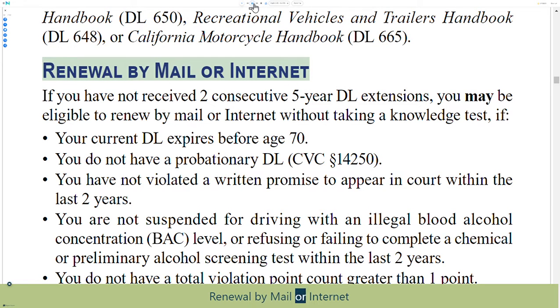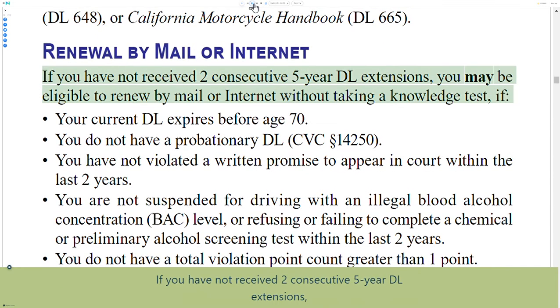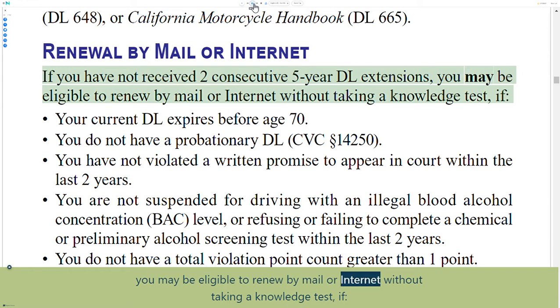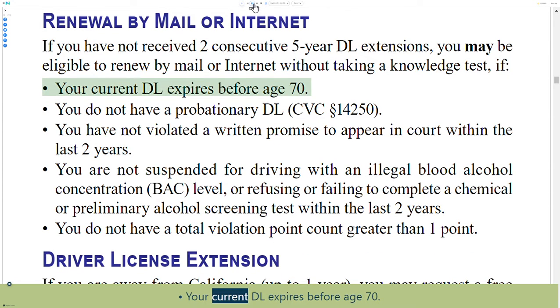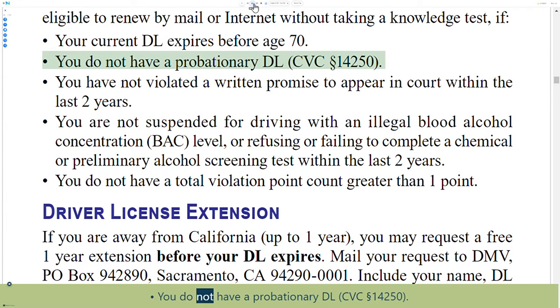Renewal by mail or internet. If you have not received 2 consecutive 5-year DL extensions, you may be eligible to renew by mail or internet without taking a knowledge test if your current DL expires before age 70. You do not have a probationary DL, CVC 14250.